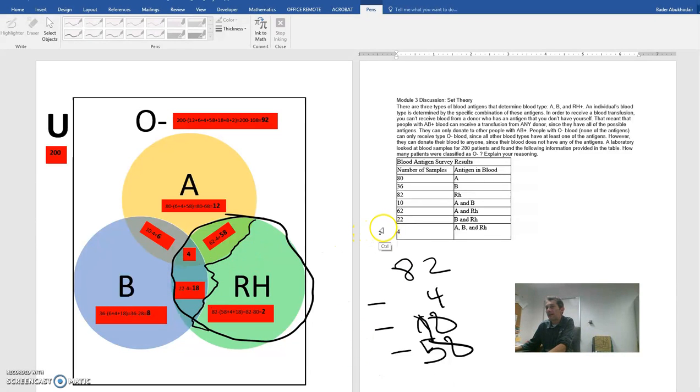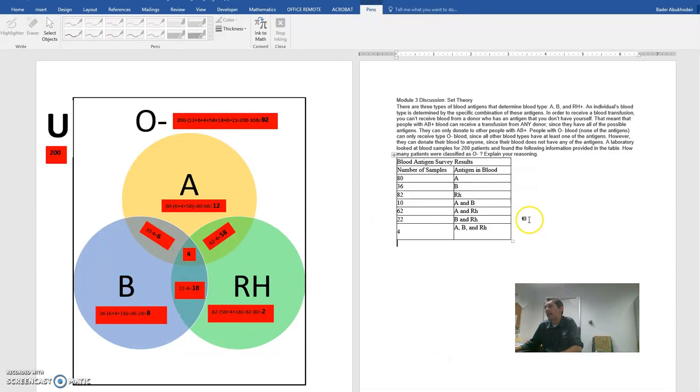So if we really clear this really quick, I can do the same thing with the B. So he says there are 36 people which have B. There are really 36 people which have B. Okay, so I know the people who have B might be having RH with them, they might have A with them, they might have RH and A with them.